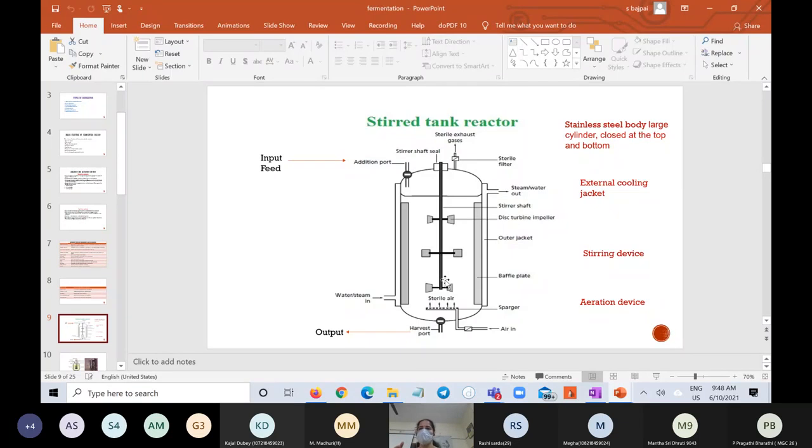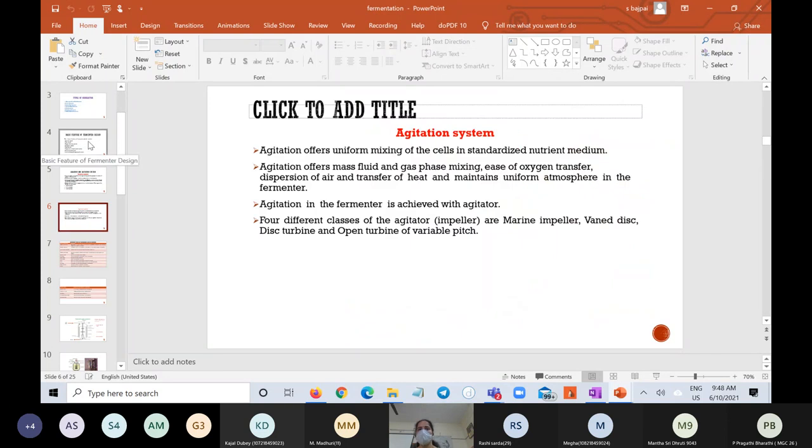That is why the stirred tank reactor is the most adopted technique, because whatever products we prepare, the yield will always be optimum and maximum, up to the mark. So for any fermenter, these 2 things are there.